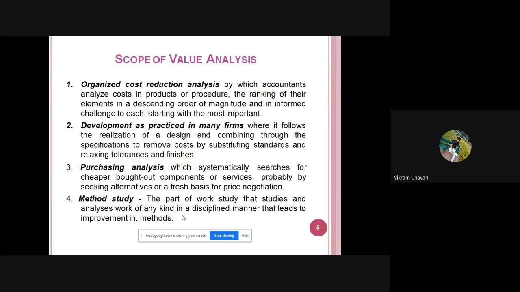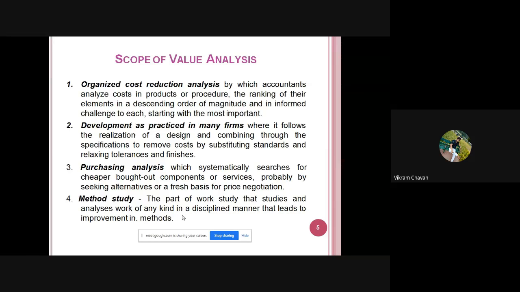How? Because the desire of any company or industry, while purchasing any component, is to get the best quality component at a cheaper rate. This is the desire of any firm or enterprise.